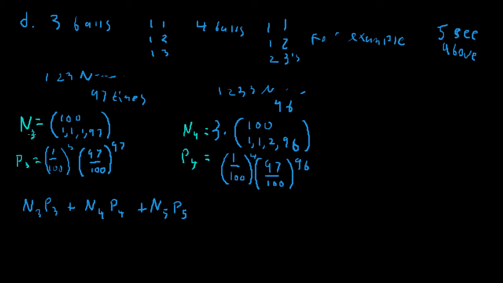It's because all of these events are mutually exclusive. If I got exactly 3, I can't have had 4 or 5. If I got exactly 4, I can't have had 3 or 5, and so on. So I just compute the probability of each of these events, and I add them together, because they're mutually exclusive.